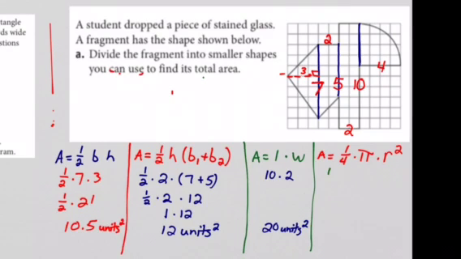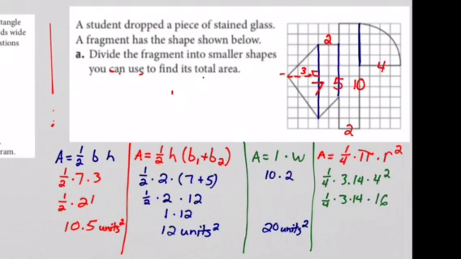So we have 1/4 times 3.14 times the radius squared, which is 4, so 4 squared. We know that 4 squared is 16, so 16 times 3.14 times 1/4. Now, 1/4, when you multiply, you can simply divide by 4. So remember, if you are multiplying by a fraction and the numerator is 1, whatever the denominator is, that's what you're going to divide by.